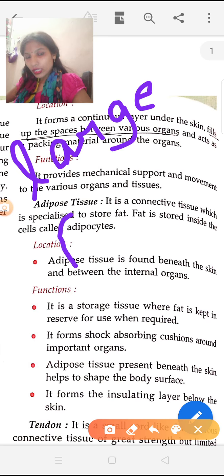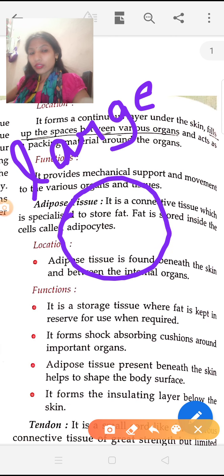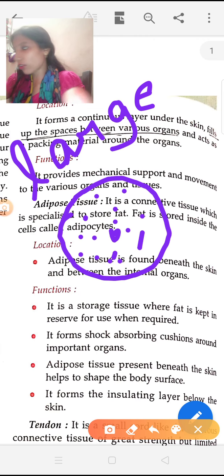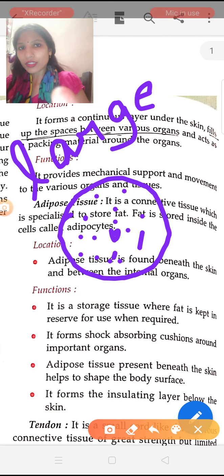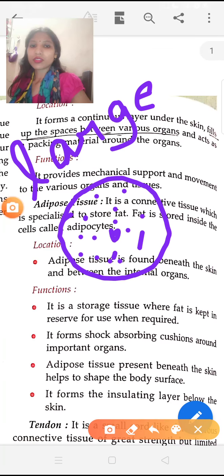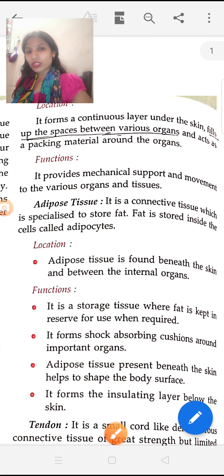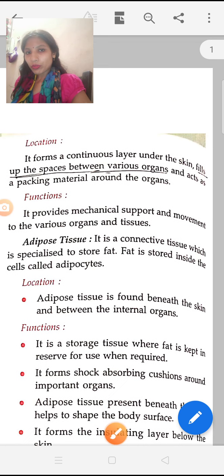Suppose that it is the cell, right? What substances are present inside the cell? The nucleus is here, the cytoplasm is there, mitochondria, and different kinds of organelles. So it is just the generalized structure of a cell as we know, right? What is special in the adipose tissue cells?